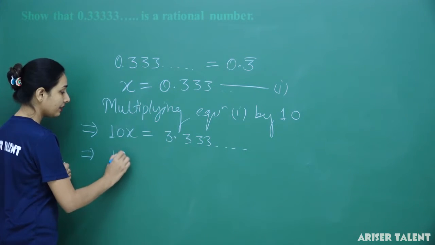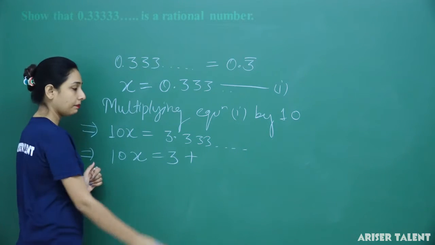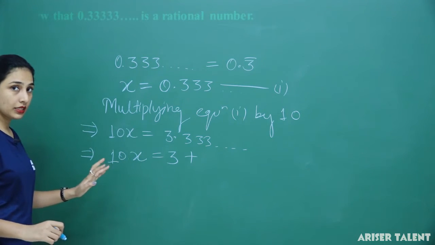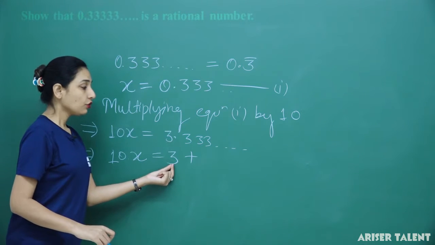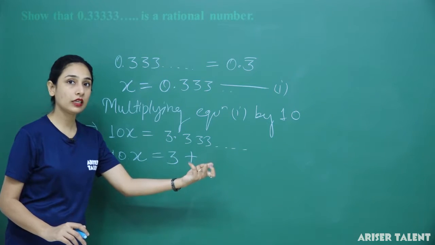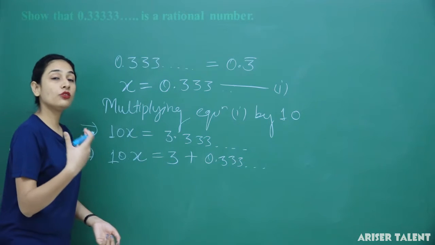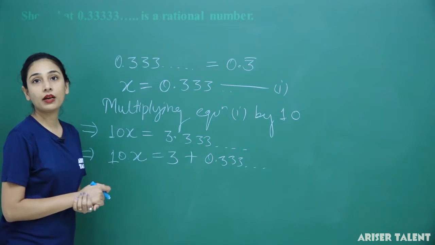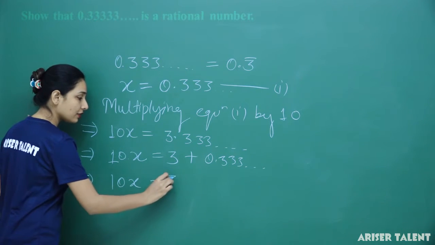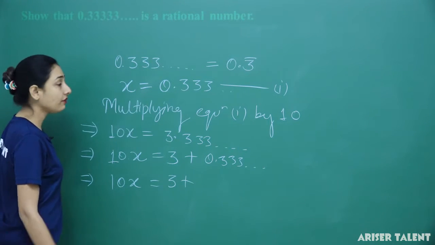Now, can I write this 10x equals to 3 plus, mind this plus sign here, I have bifurcated it because I have multiplied the equation by 10, then 3, okay, plus 0.333 or 0.3 bar will make it 3.3 bar, right. Now, do you remember that this 0.3333 was to be assumed as x back then?